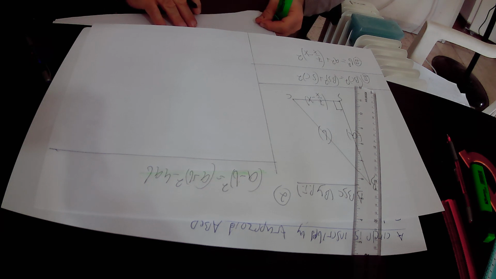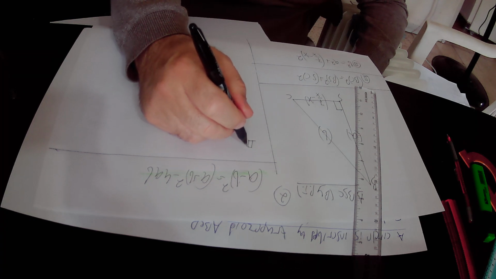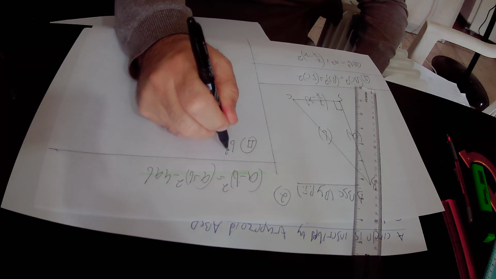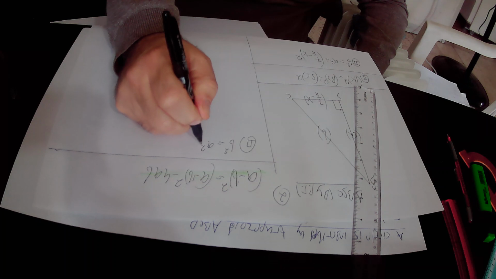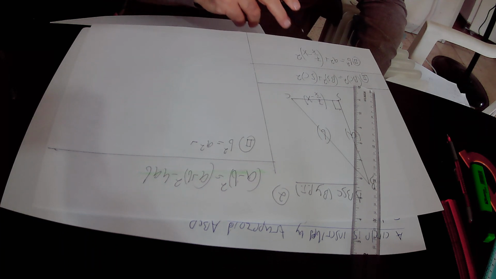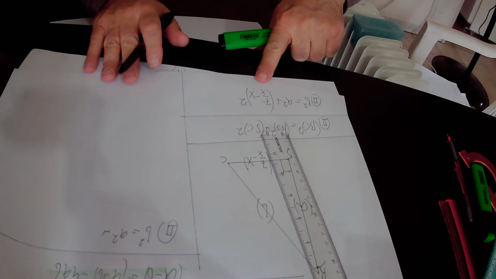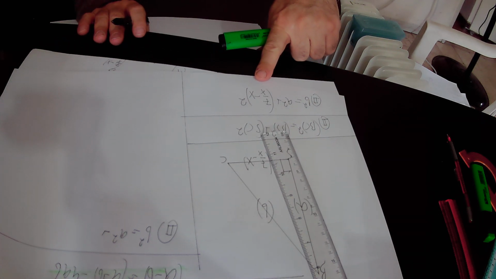Okay, so according to equation 2, we actually found out that B square equals A square plus (7 over X minus X) square.